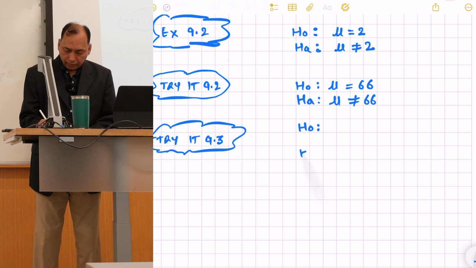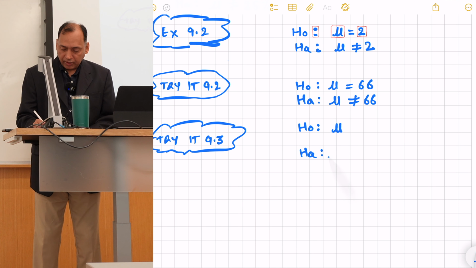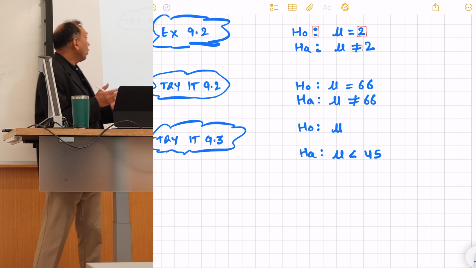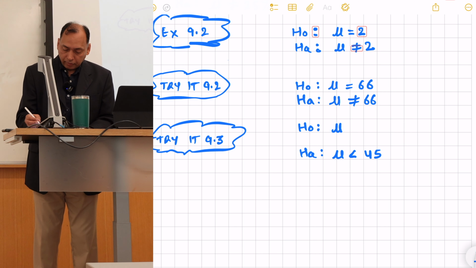HO and HA. First we write HA, that mu is less than 45. So once you write that, HO becomes automatically opposite of that, which is more than equal to 45.